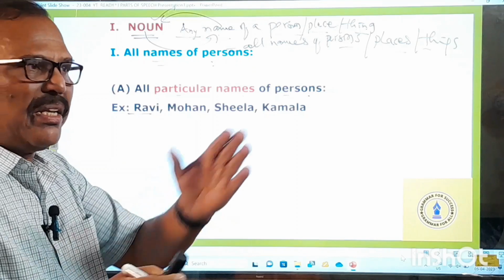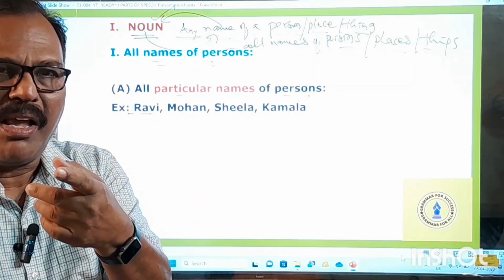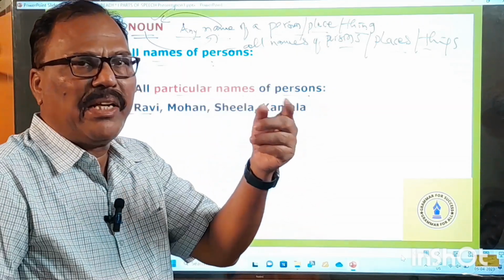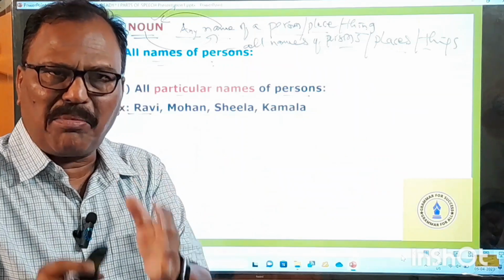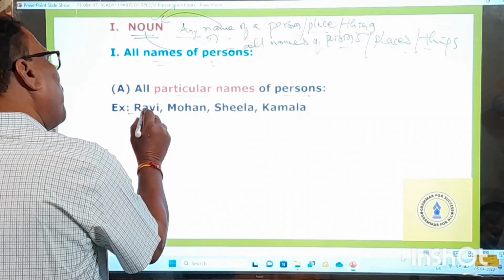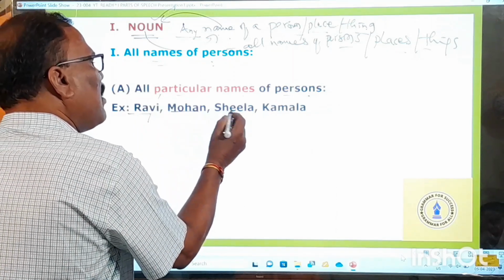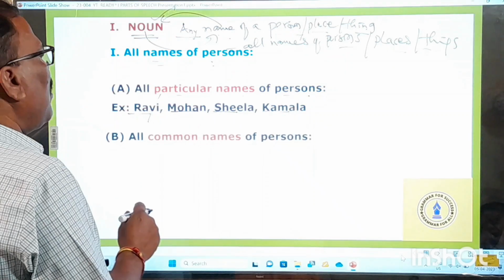You are Ramesh and he is Ravi. I can't call you by the name Ravi, and I can't call him by the name Ramesh, because Ravi is his own name and Ramesh is your own name. So here Ravi is his particular name. Mohan is his own name. Sheila, her own name. Kamala, her own name. So these are all particular names of persons.